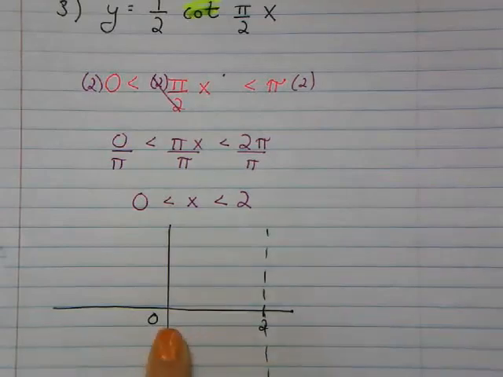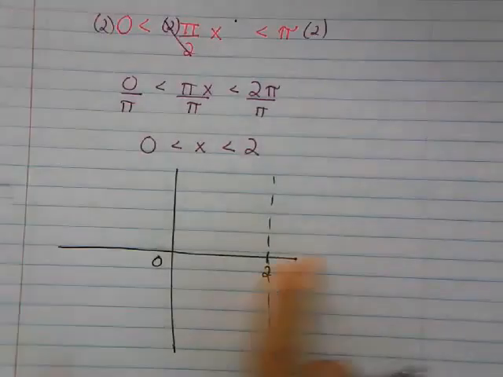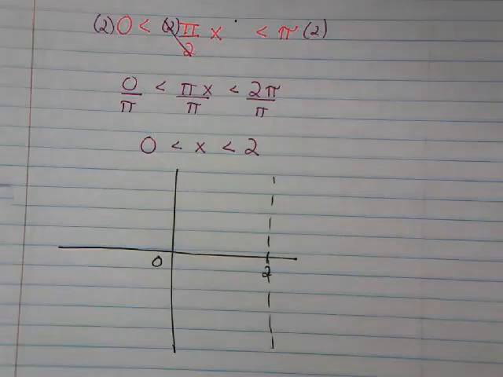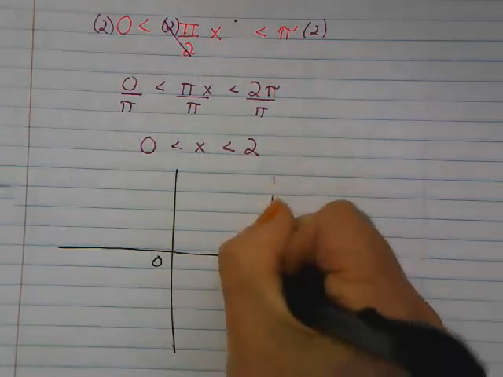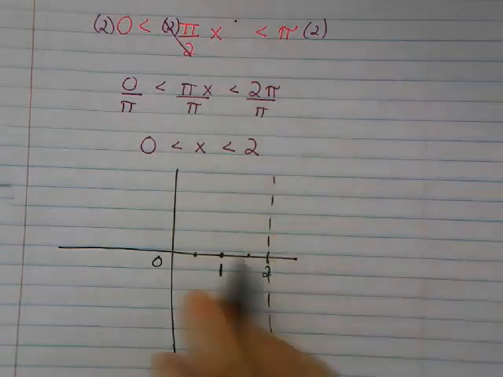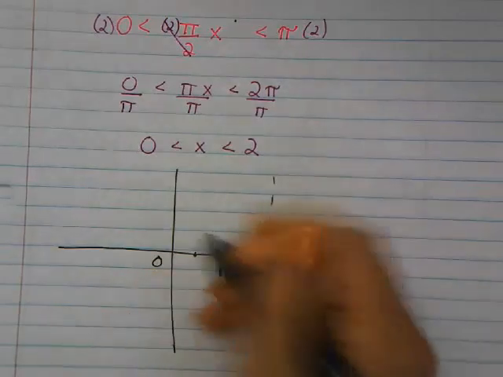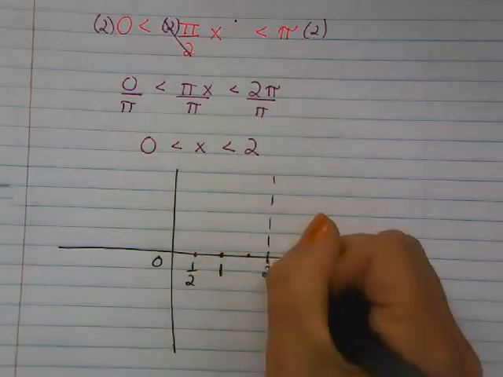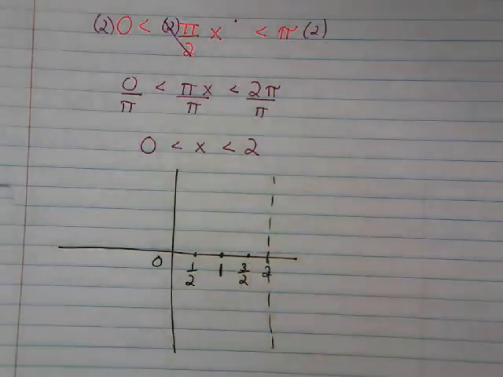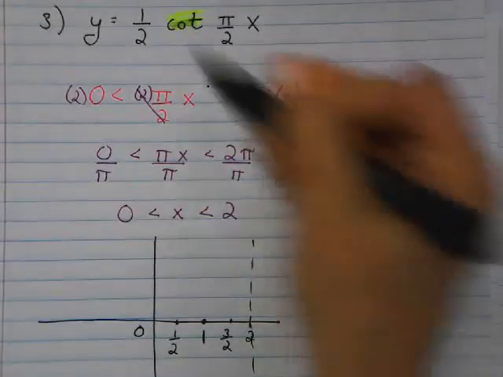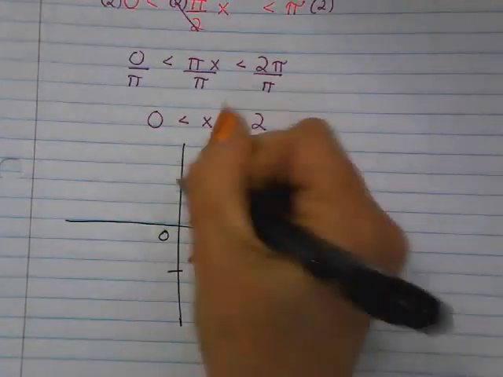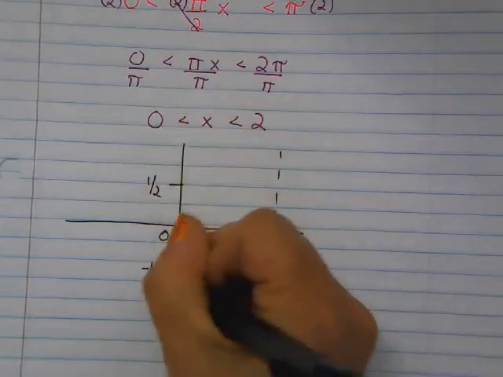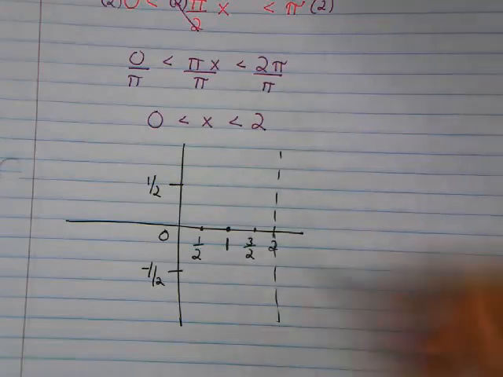Now mark your other points. Halfway between 0 and 1 is 1/2, and halfway between 1 and 2 is 3/2. Look in front of your function, the 1/2. It's not really the amplitude, tangent doesn't have that, but it's going to help you out when you go to graph these. This is my x-intercept. Now remember, cotangent goes high to low. So at 1/2 it'll be at 1/2, and at 3/2 it'll be at -1/2.